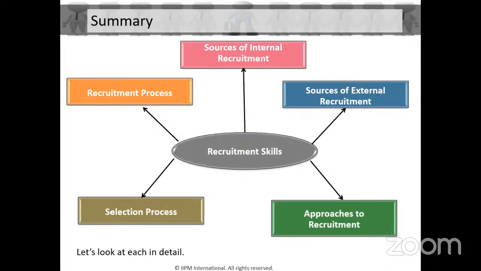As we begin to summarize, we've talked about recruitment skills, the selection process, the recruitment process, and the approaches to recruitment. We talked about the sources of external and internal recruitment.